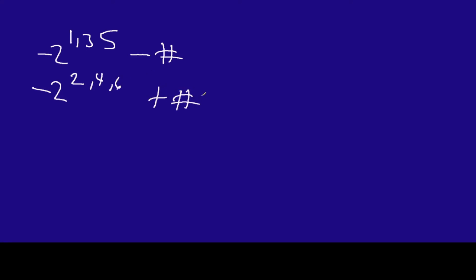As you already know, if you take a number like -2, which is what we're going to be using, and raise it to an odd power, so 1, 3, or 5, this is going to result in a negative number. And if you take a base that is negative and raise it to an even power, 2, 4, or 6, it is going to result in a positive number. These are things that you already know from earlier in mathematics.